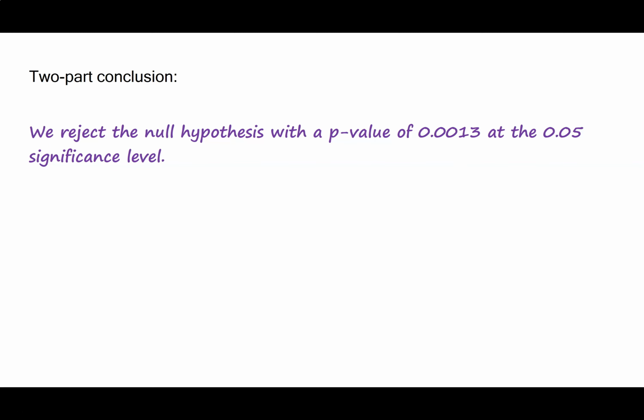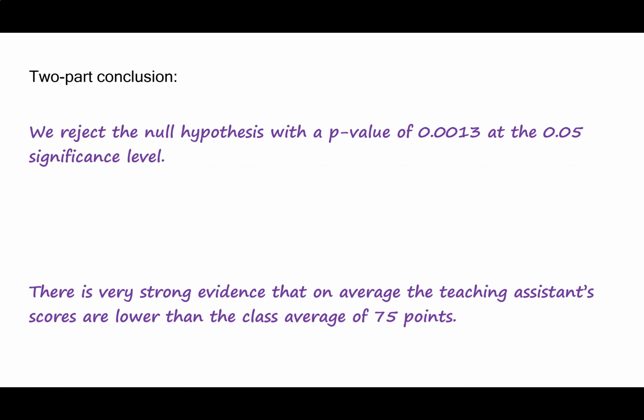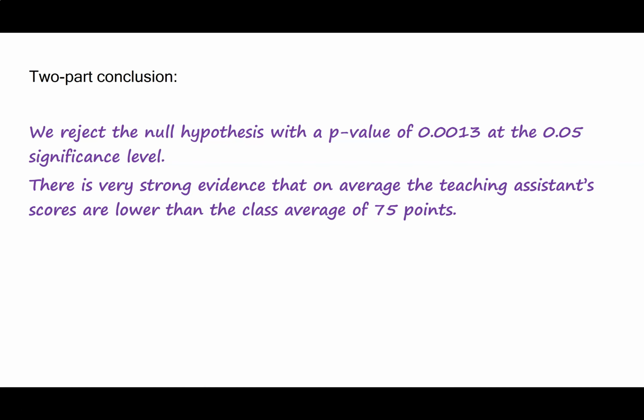So my two-part conclusion. First part, we're going to reject the null hypothesis with a p-value of 0.0013 at the 0.05 significance level. We absolutely need the second part, the translation, because we're not all robots, and that's not how people usually speak. So we have very strong evidence that on average, the teaching assistant scores are lower than the class average of 75 points.